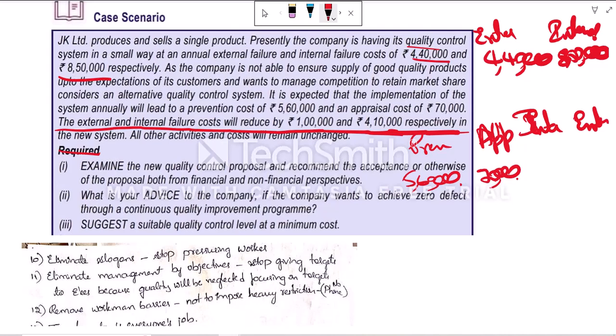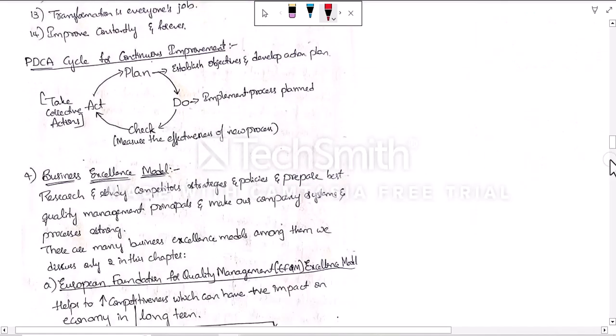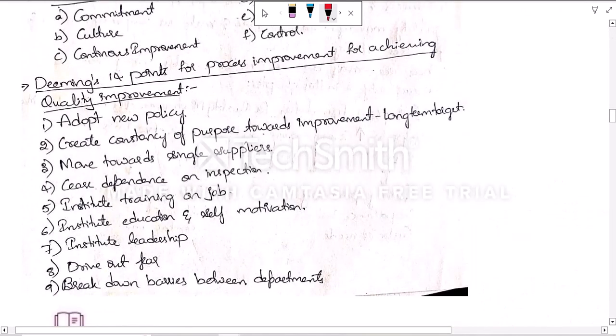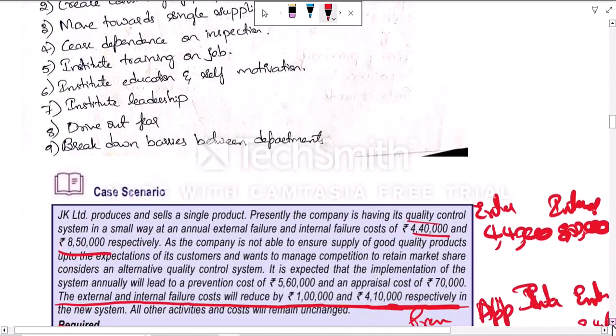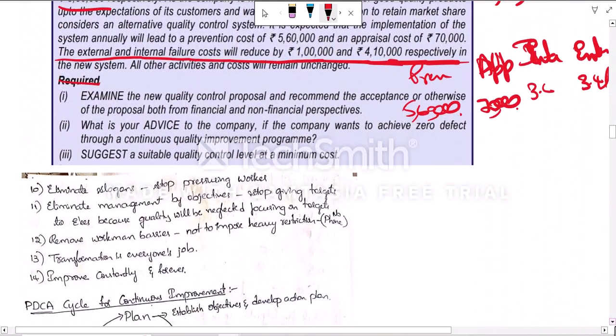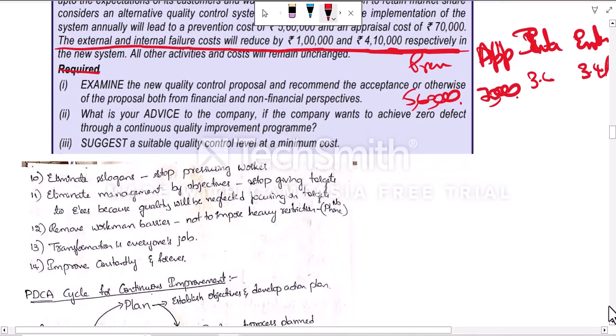Means how much is it now? External earlier is 4 lakh 40,000. Now it will be 3.4 lakhs. Sorry, external failure cost is now 3.4 lakhs. When coming to internal failure cost, it is reduced by 4 lakh 10,000.